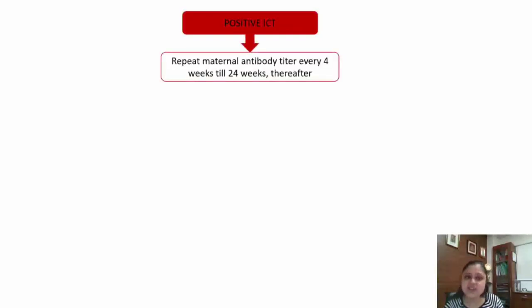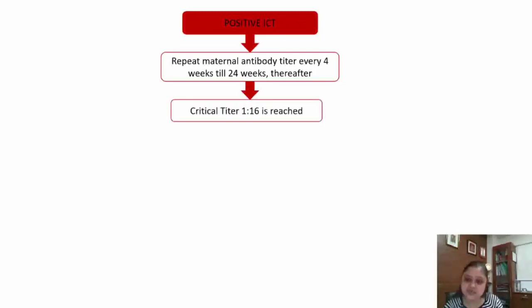Now let us discuss in great detail how to approach a case if ICT is reported positive. In such cases, we are going to repeat the maternal IgG antibody titer every 4 weeks till 24 weeks, and thereafter we are going to see whether we have achieved the critical titer or not. The critical titer has been identified as 1 is to 16.